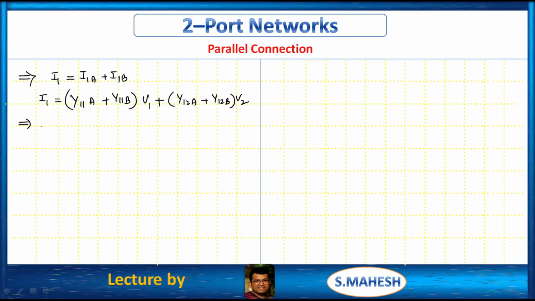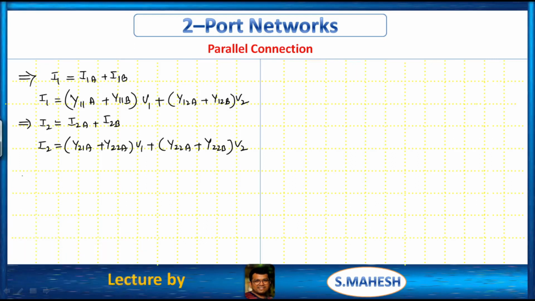That's it. For I2, which is I2A plus I2B, we get (Y21A plus Y21B) V1 plus (Y22A plus Y22B) V2. That's it.